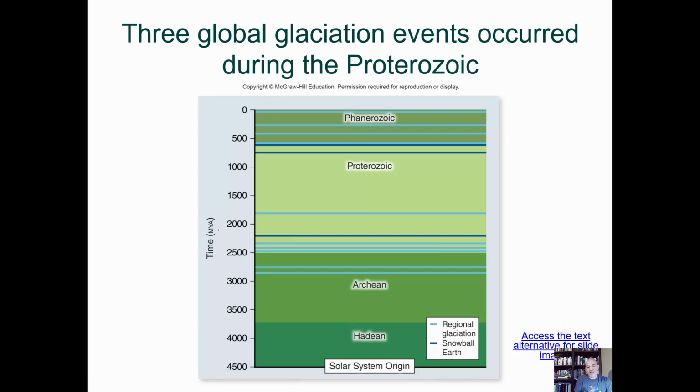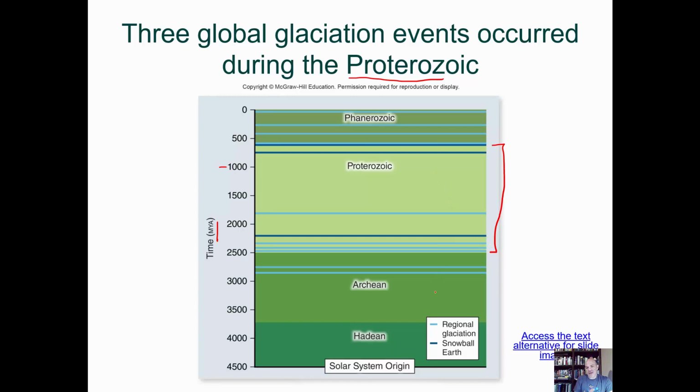The scale here is in millions of years, so 1,000 million years is a billion years. And we're focusing here on the Proterozoic, the eon defined by the period of time from about 2.5 billion years to nearly 500 million years ago.